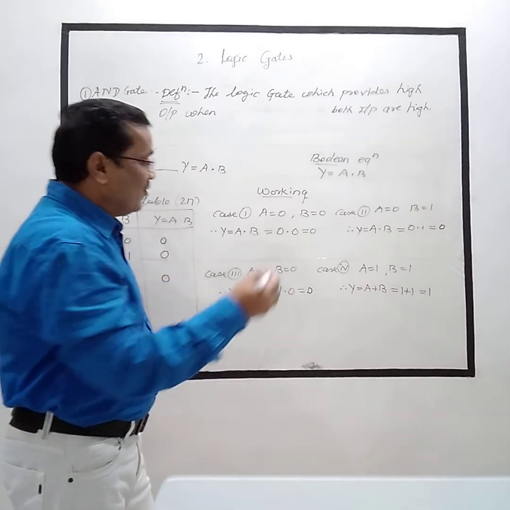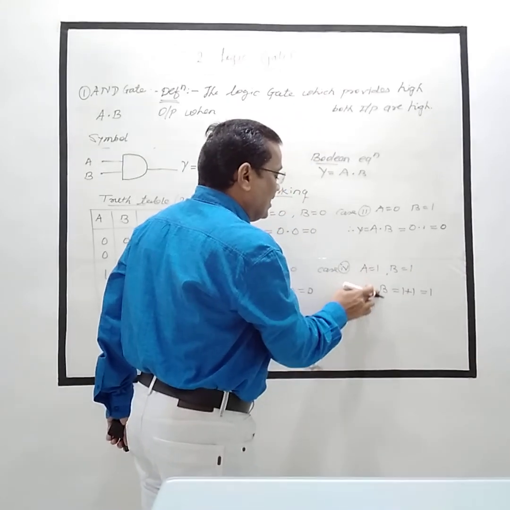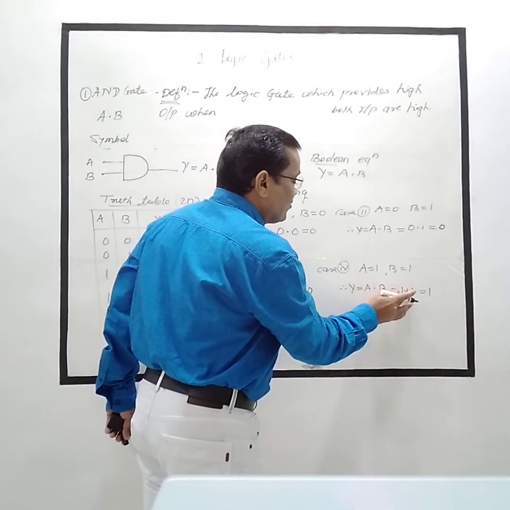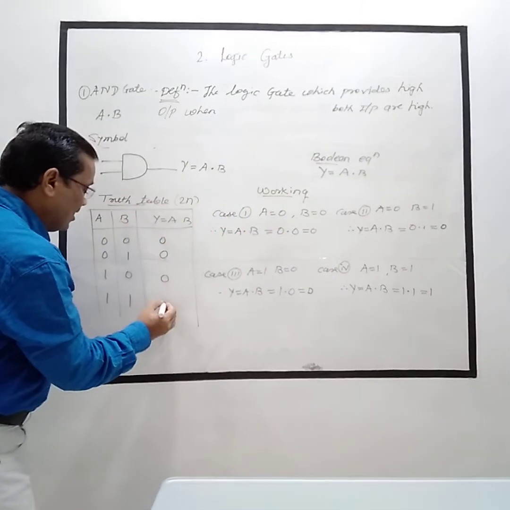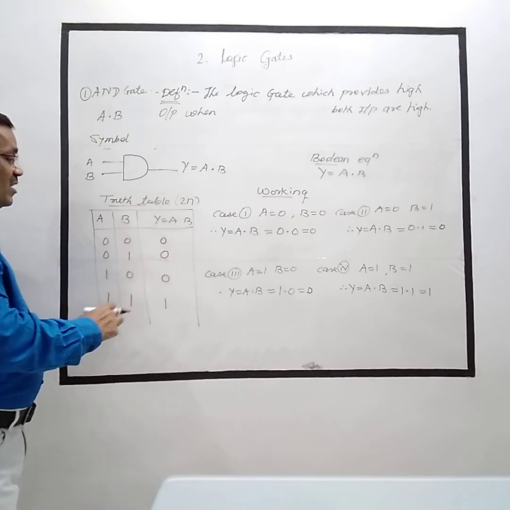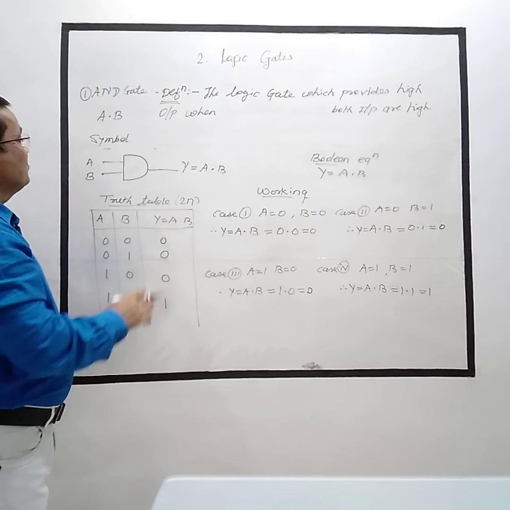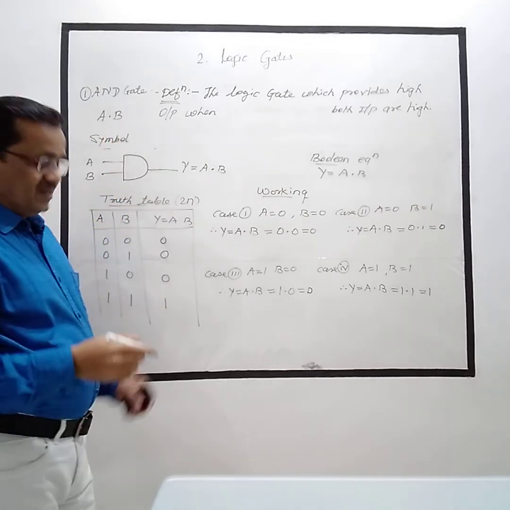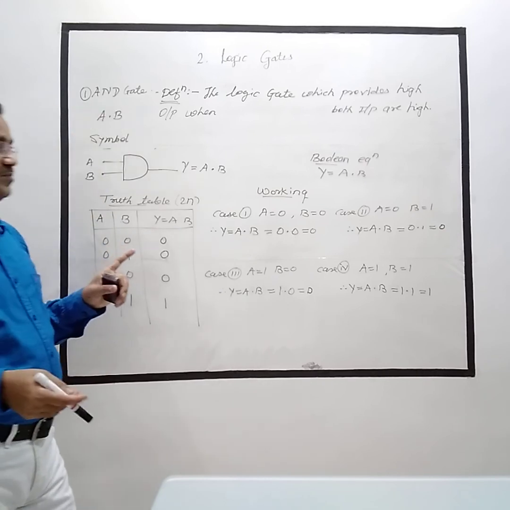In the last case, when A is equal to 1, B is equal to 1, then by the equation 1 into 1 is equal to 1. So 1, 1, 1. This is the Boolean equation, and this is the truth table of the basic logic gate, the AND gate.